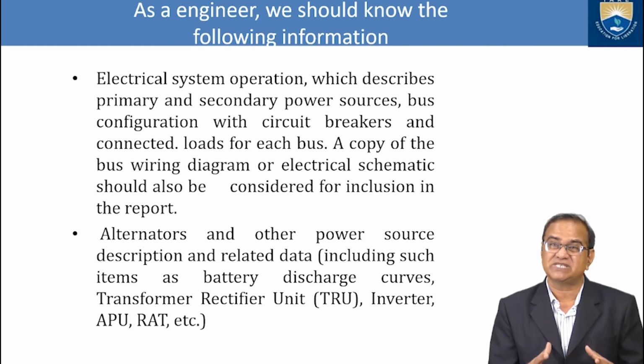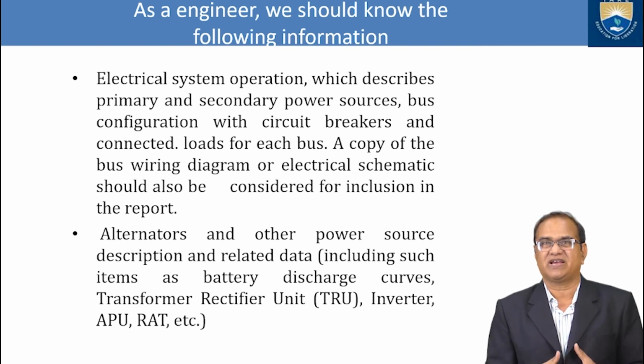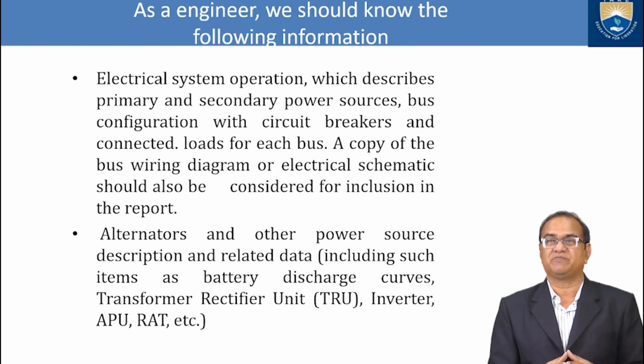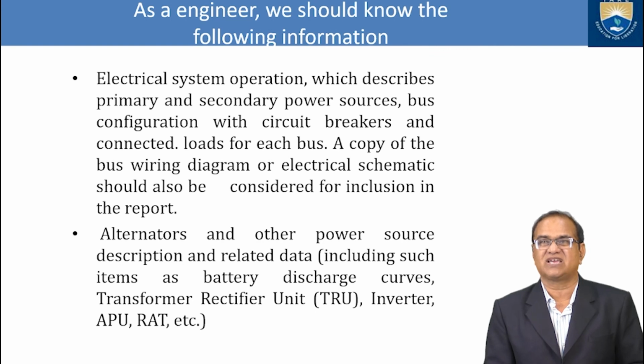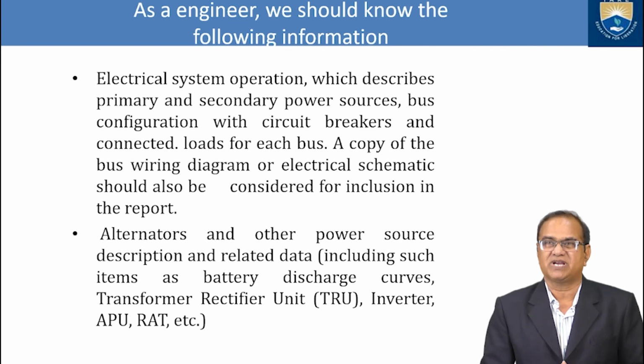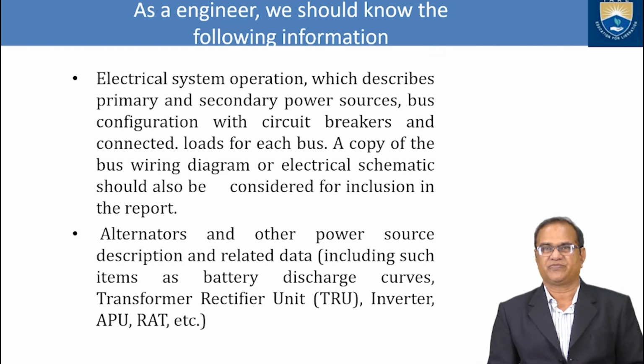What type of bus configuration, with circuit breakers and connected load for each bus? A copy of the bus wiring diagram or electrical schematic should also be considered for inclusion in the report.